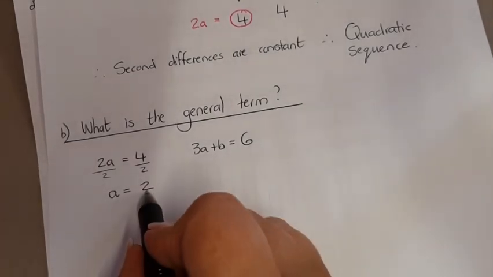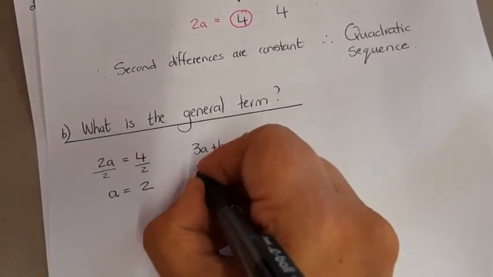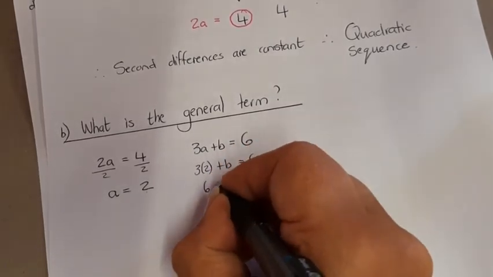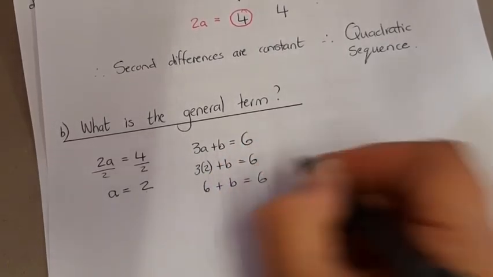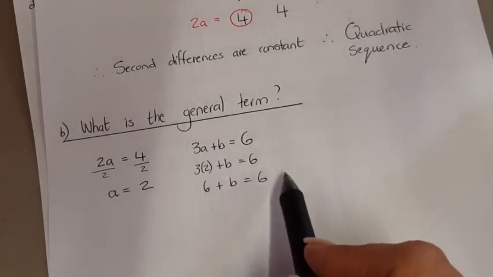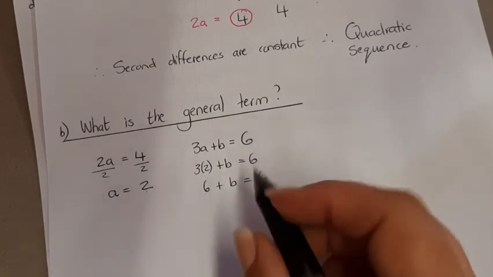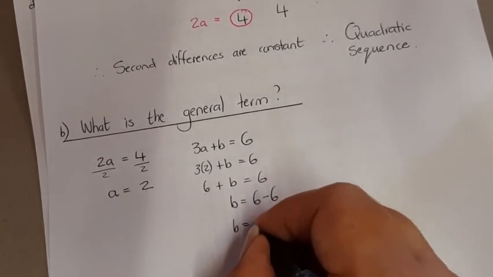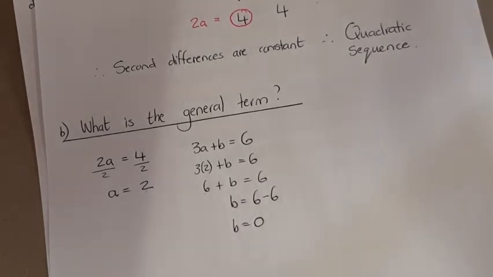We know that a is 2, so we can substitute it in there. 6 plus b equals 6. If we take the 6 over the equal sign, it becomes minus 6. So b will be 6 minus 6, and b is therefore 0.